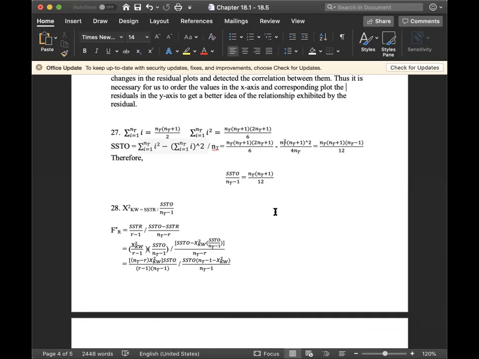So we plug it into the SSTO, which is the summation of i squared minus the summation of i, all squared, over n sub t, which is equal to n sub t times n sub t plus 1 times 2 n sub t plus 1 over 6 minus n sub t squared times n sub t plus 1 squared over 4 n sub t. We get that to equal n sub t times n sub t plus 1 times n sub t minus 1 over 12. Therefore, we know that SSTO over n sub t minus 1 is equal to n sub t times n sub t plus 1 over 12.